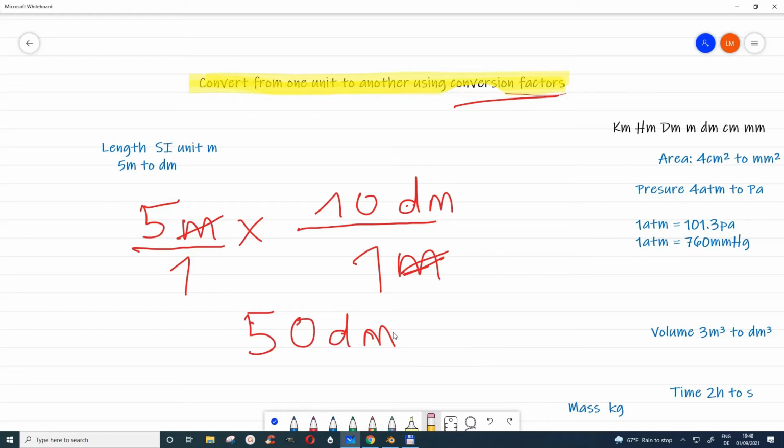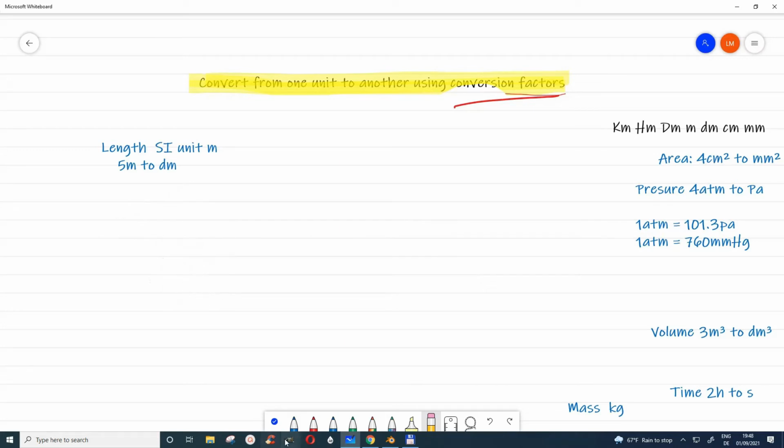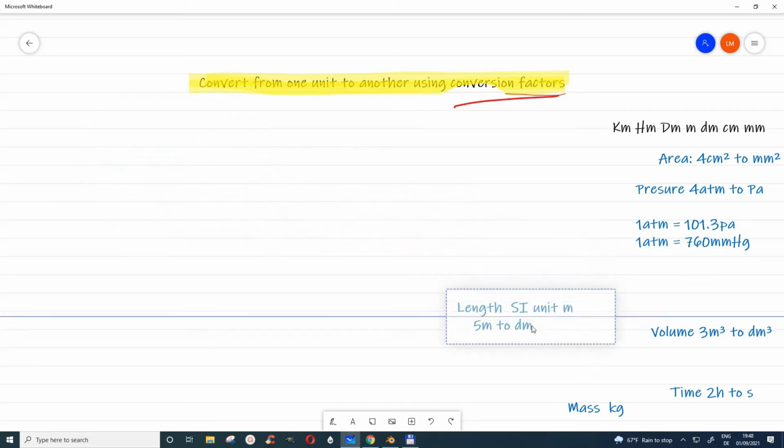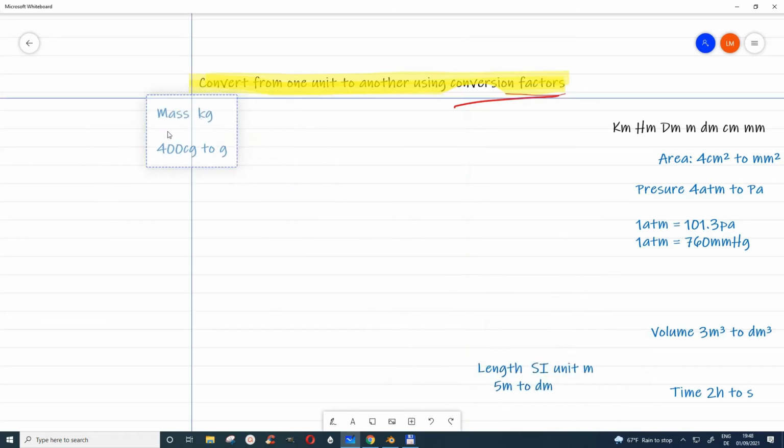The next question I want to look at is mass. And normally mass, the SI unit is kilograms. Let's take this away. We finished working with this, so we bring this here.